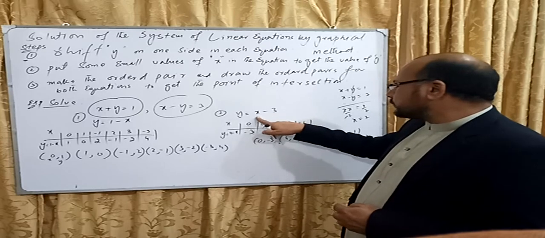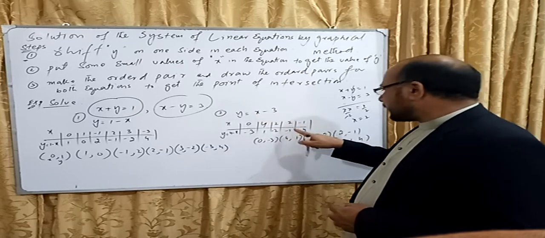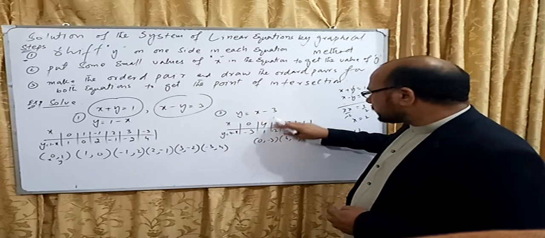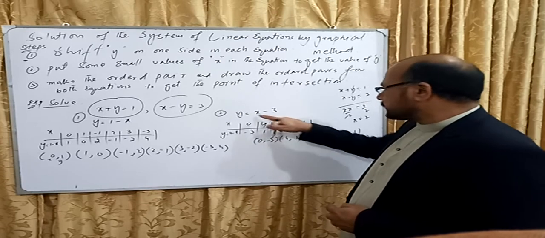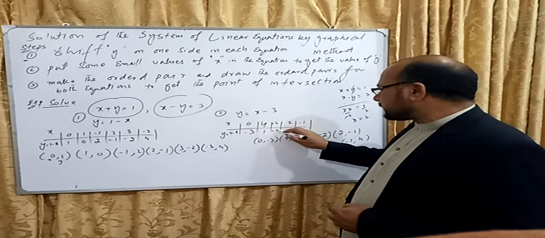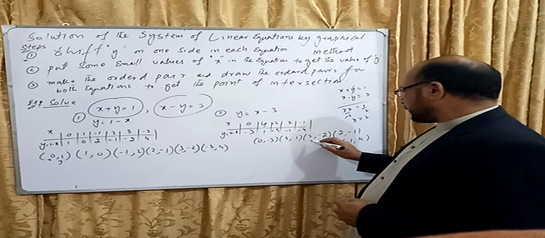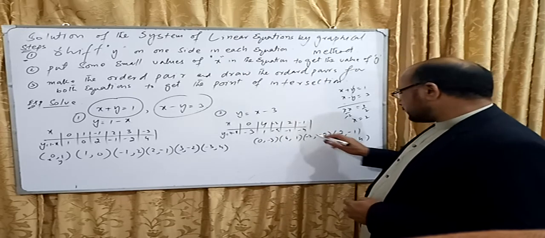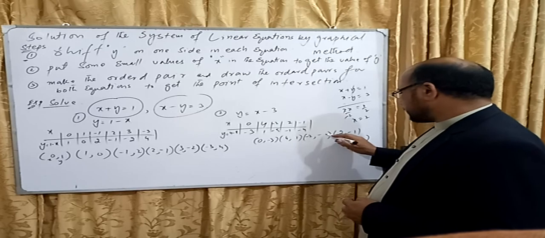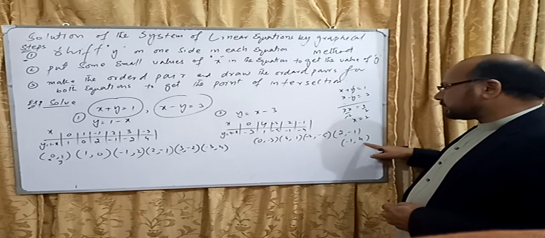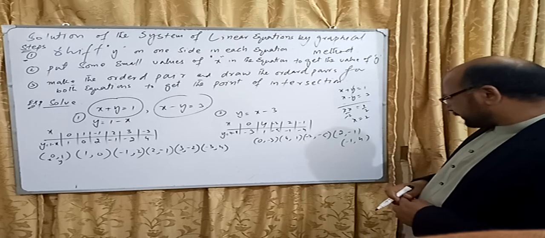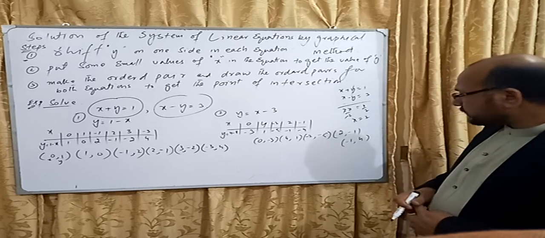Then if you put 2, it is 2 minus 3, which is minus 1. If you put minus 2, then minus 2 minus 3 is minus 5, so minus 2 and minus 5. And if you put minus 1, it will become minus 4.